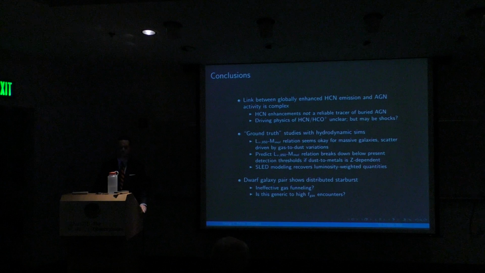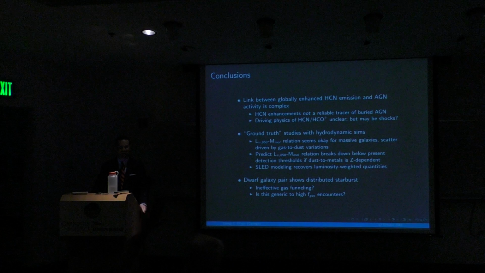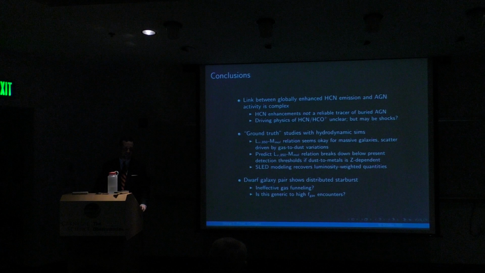Other questions? If I may, please. In the survey of the dwarf galaxy pairs, do any of those show evidence for AGN from other indicators? So there are suggestions, but I would say at this point they're kind of uncertain. There are systems with red WISE colors, which for massive galaxies has been interpreted as an AGN indicator.